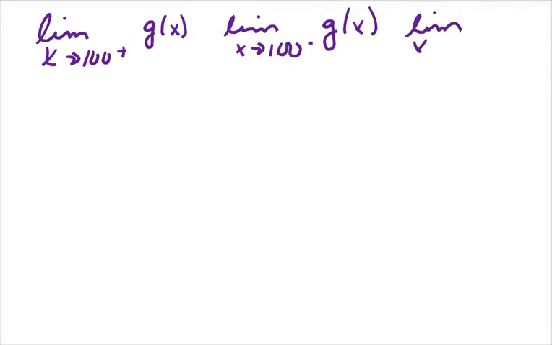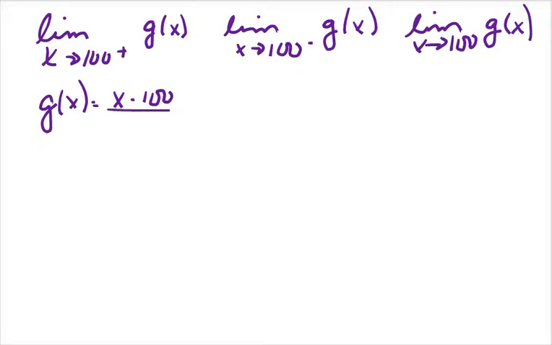So we're going to evaluate these three limits of a function g of x and determine if they exist using a table method. g of x is the function x minus 100 over the square root of x minus 10.